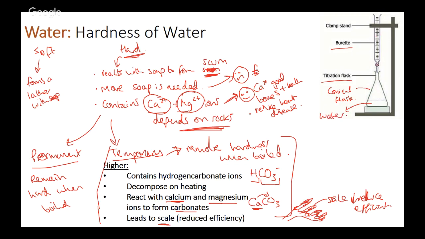And then in the burette, you add a soap solution. You slowly add the soap solution drop by drop, swirling the conical flask all the time. And then you could see how much soap solution is needed to form a lather.